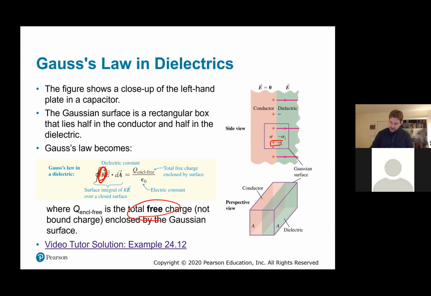This positive charge, you can think of it as bound with this negative charge. They're bound together. They're attracted to each other and they're kind of stuck. This one is free and free to set up an electric field.